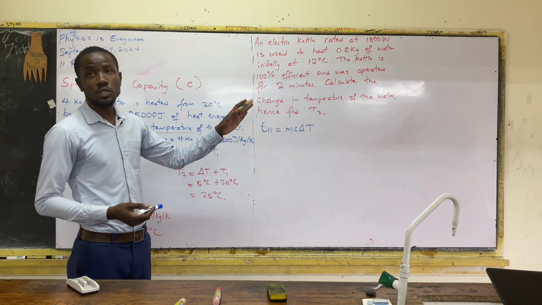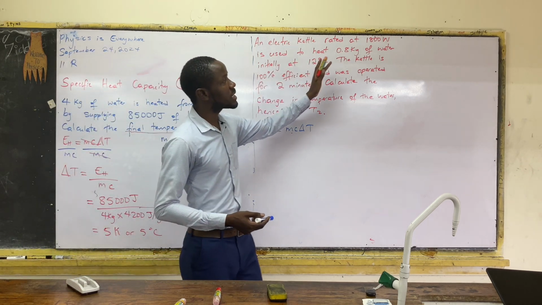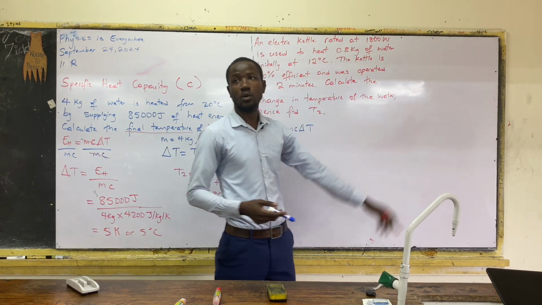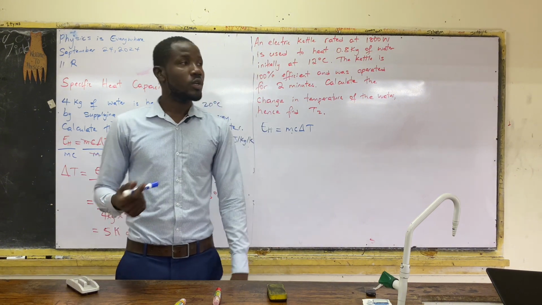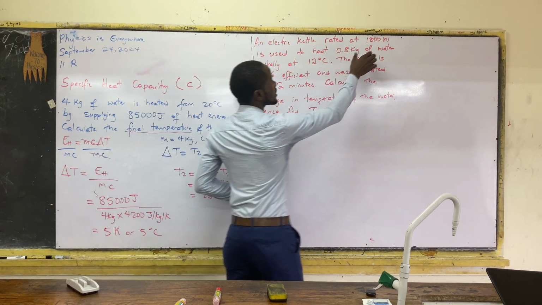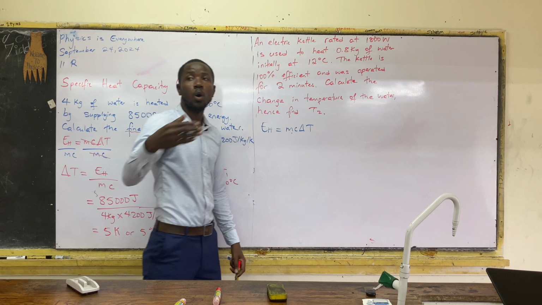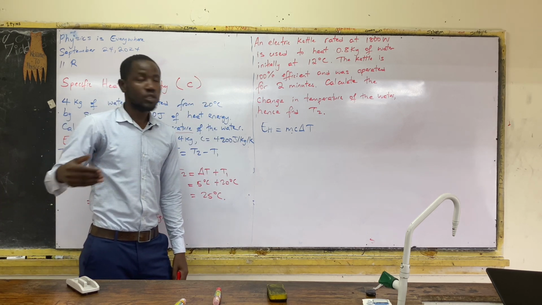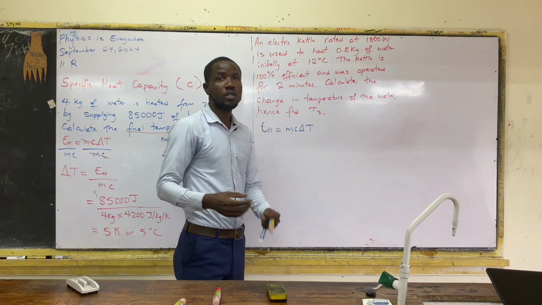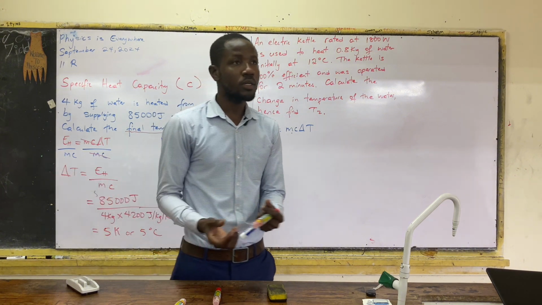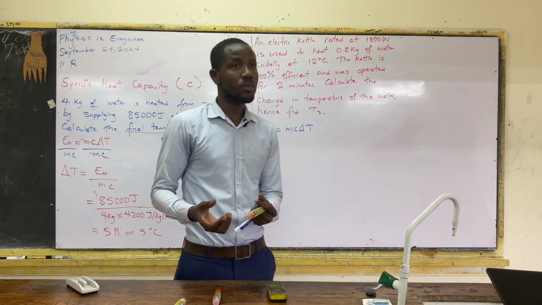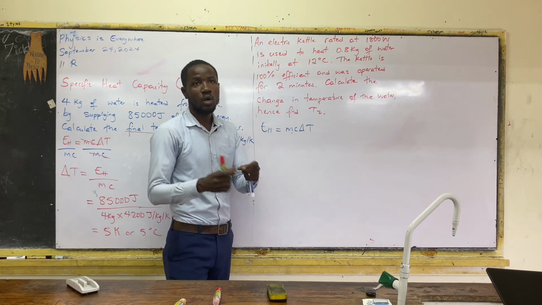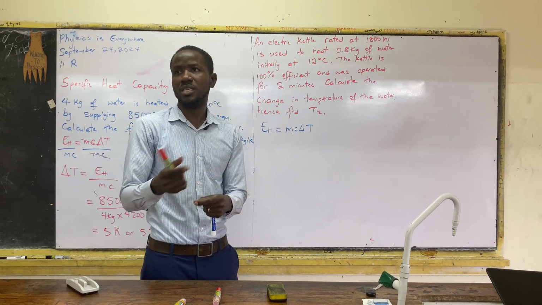Now, we're told, students, that the kettle is rated at 1,800 watts, right? Now, we should remember that this value right here represents the power rating of the kettle, so in other words, how much power it consumes, and then essentially how much power it will actually convert, basically.